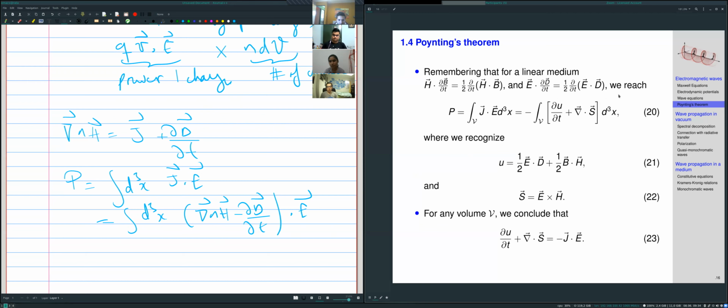And so in the end, we can rewrite this expression for the power exerted inside a medium, identifying these terms: the Poynting vector and the energy density. The energy density is this term here, E dot D and B dot H, and this is the Poynting vector.